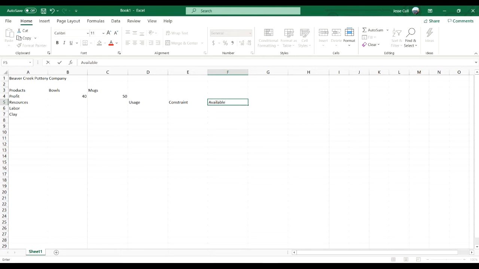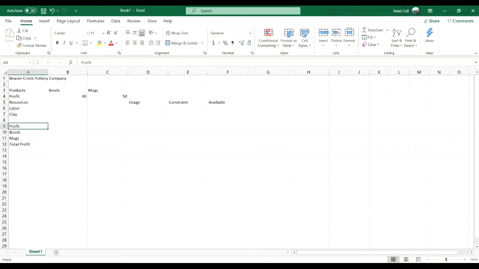In this situation, we then move on down here, and this is the same as the fourth. A4 is exactly the same as A9. And we have to indicate our products, bowls, and mugs. Finally, our total profit.